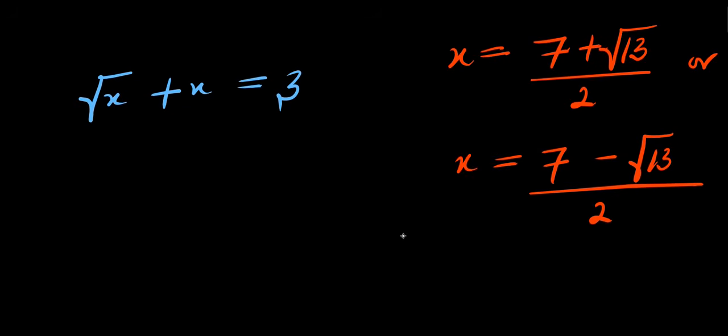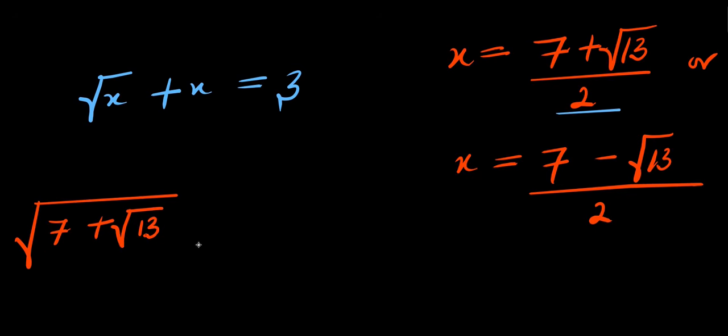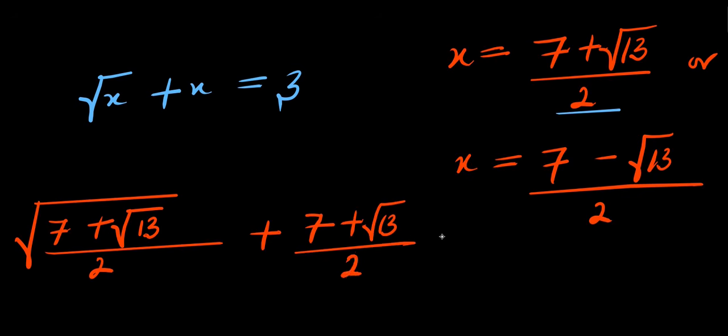So let's start with this first solution here. Square root of 7 plus root 13 divided by 2, plus x, that is 7 plus root 13 divided by 2, equals 3.